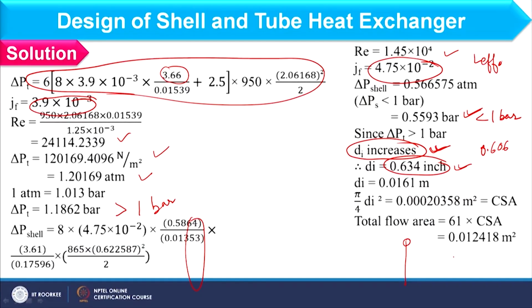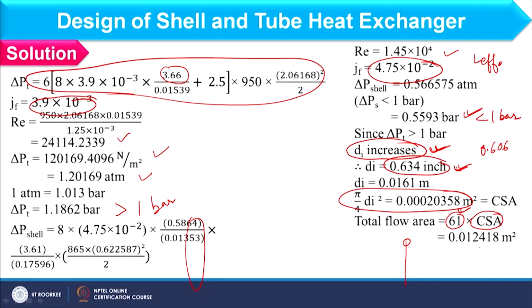Considering the inner diameter, you can find out the total flow area, where I have 61 tubes in one pass, and this we obtained for 1/6 passes, if you recall, and that will be multiplied by the cross sectional area of one tube, which we have already obtained over here, right.